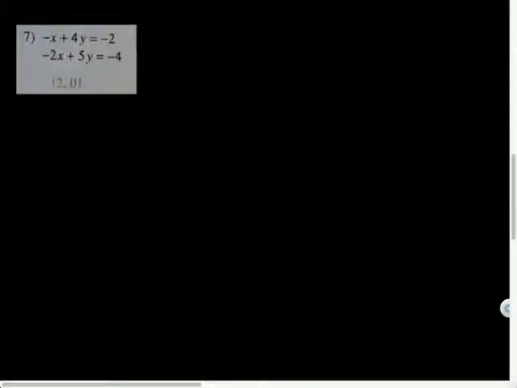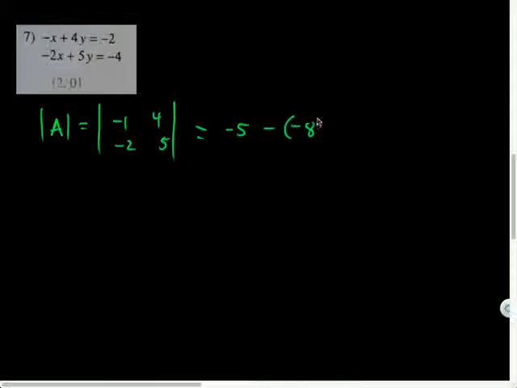Taking a look at number 7 here. Let's find the determinant of our coefficient matrix. -1, 4, -2, 5. So that would be -5 minus a -8. So that's +3, I believe. So that one's nice.